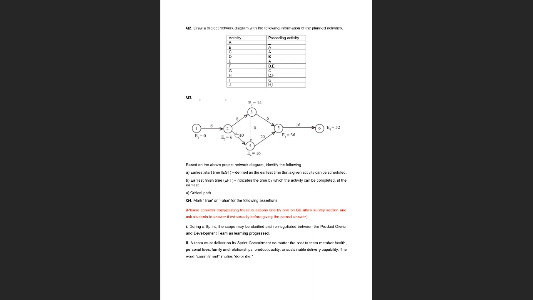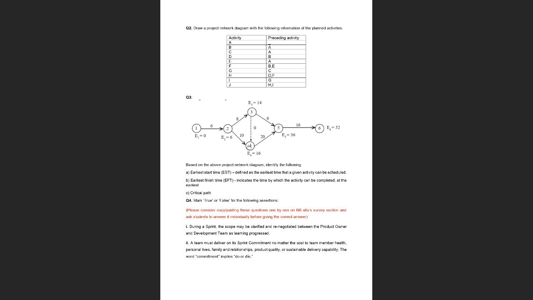And what about this way? What is the earliest time at which 2, 4 can start? Oh, sorry, 16, yes. So here we have 14 coming in, and here we have 16 coming in. So which number are we going to take, 14 or 16? 16, right?